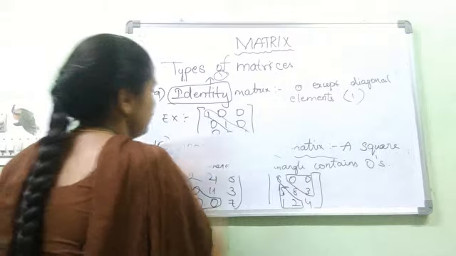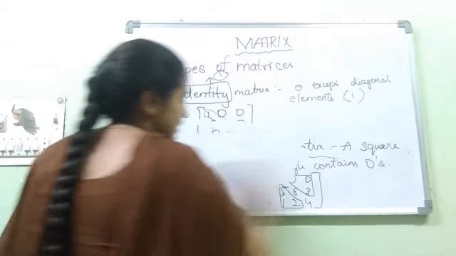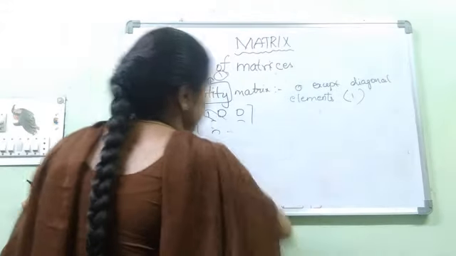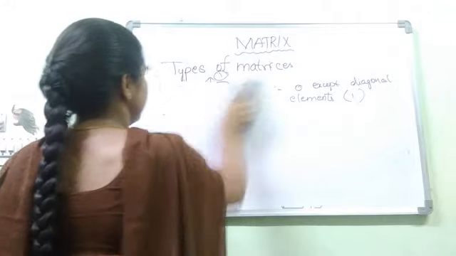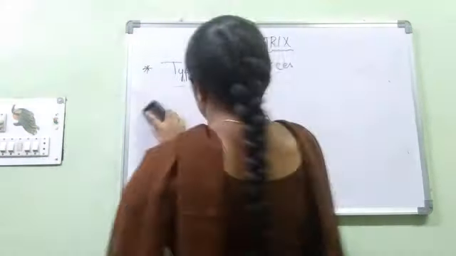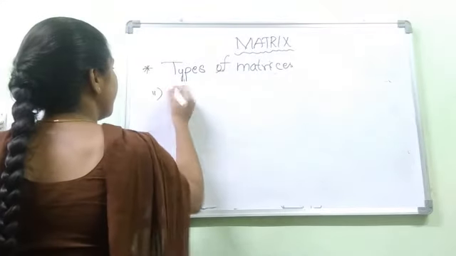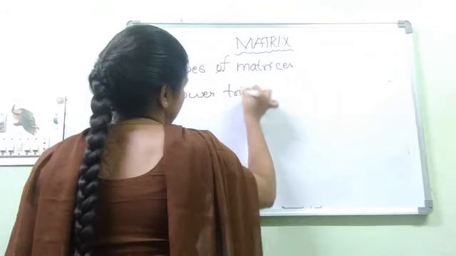So next we can go through lower triangular matrix. The upper triangular matrix is opposite to lower triangular matrix. By that you can understand what is lower triangular matrix. So now lower triangular matrix.